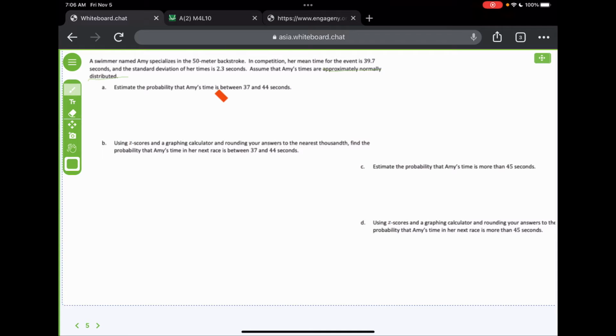Okay, so let's start with 37, and we're going to subtract the mean, which is 39.7, and divide by 2.3. So that's going to be a negative 2.7 over 2.3, which is about negative 1.17.